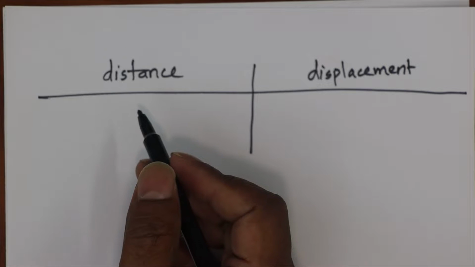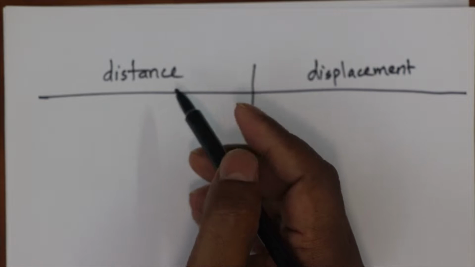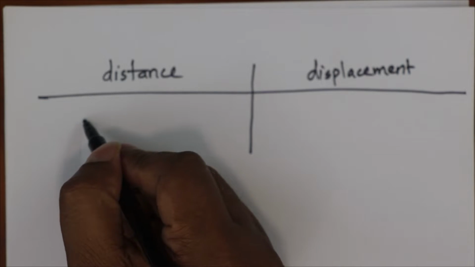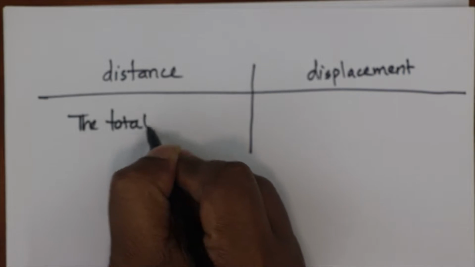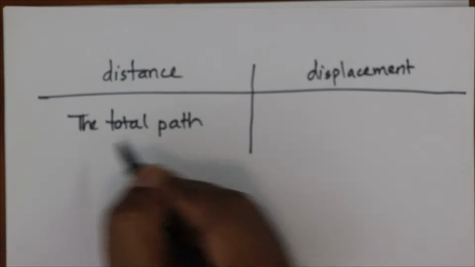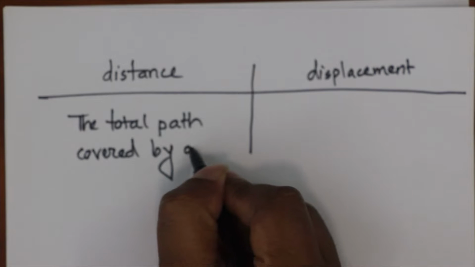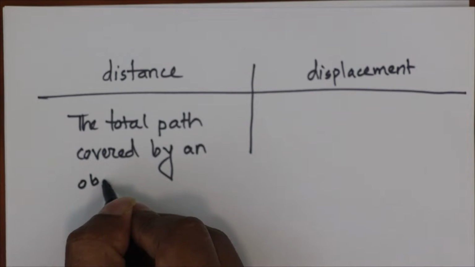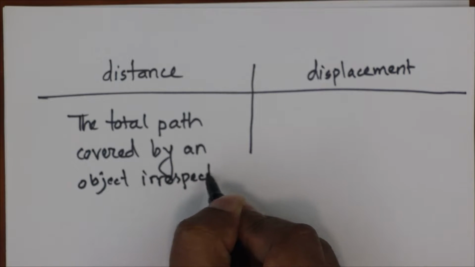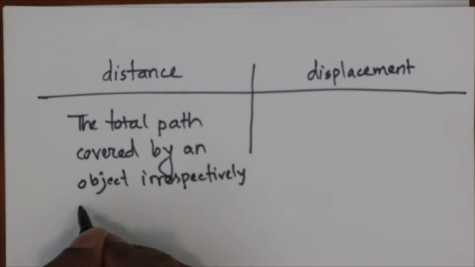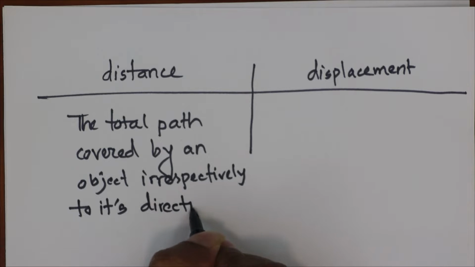The total path covered by an object irrespective of its direction is called distance.